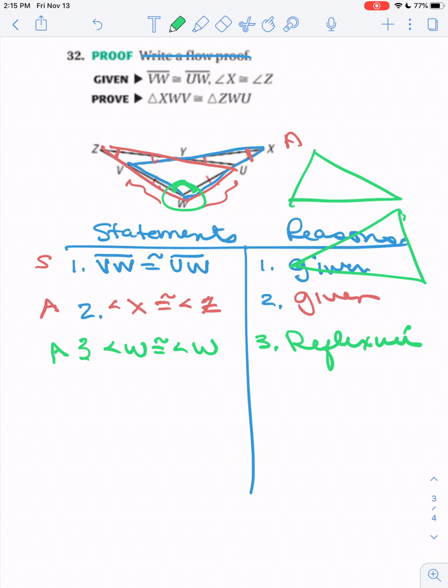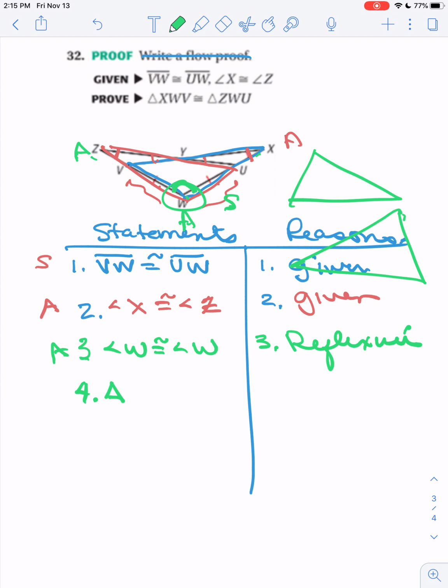And so that's another angle. So you can see we have an angle, and a side. Do you see we have angle, angle, side, and we have angle, angle, side on the other triangle. So it looks like we're ready to finish our proof.